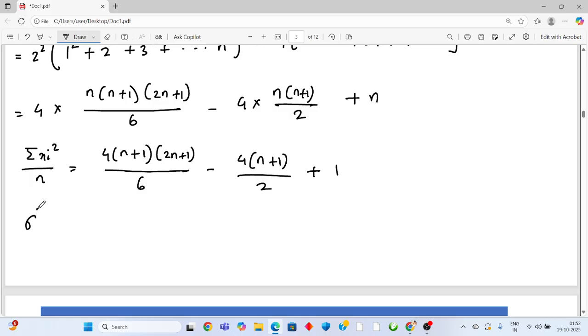Now to calculate the variance, sigma square x, we can use the formula summation xi square by n minus summation xi by n whole square, right?